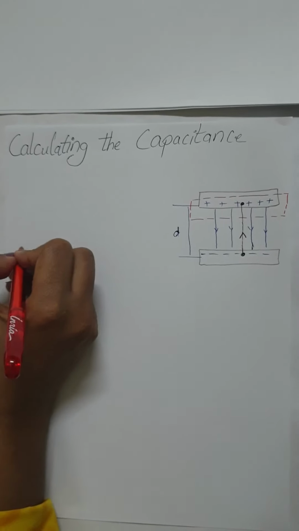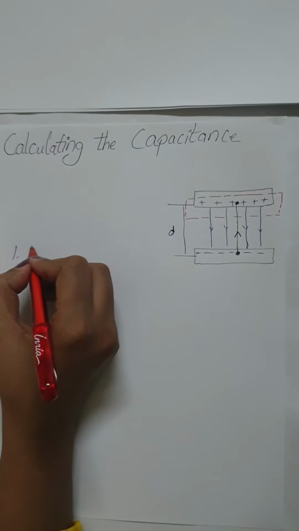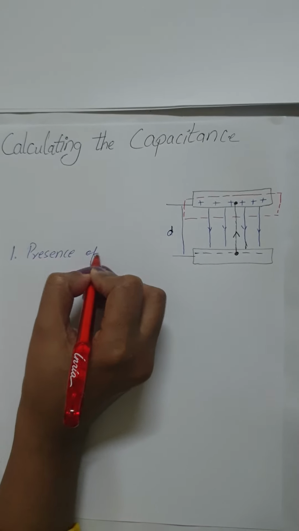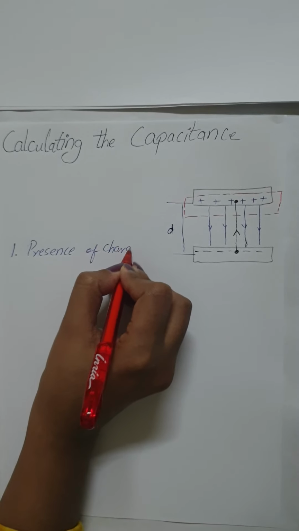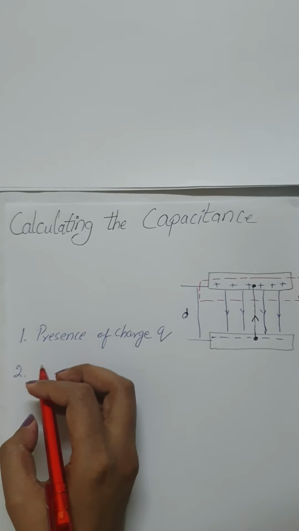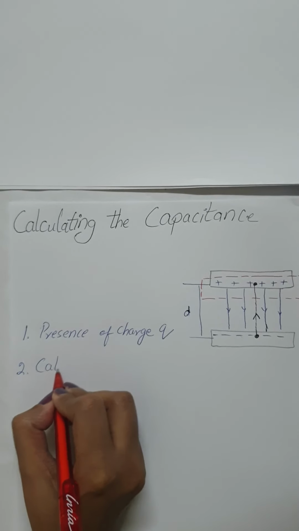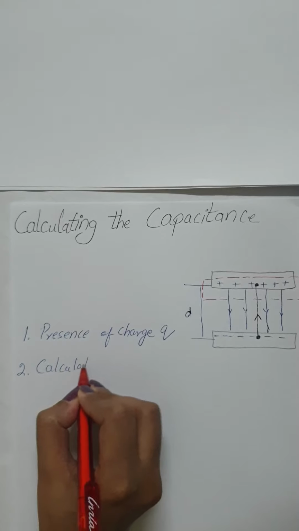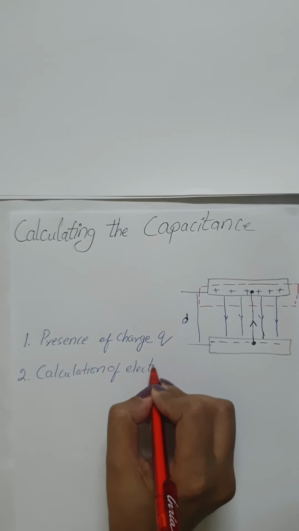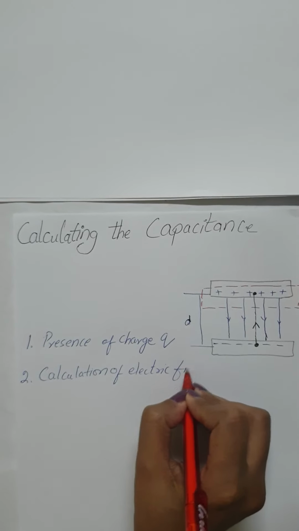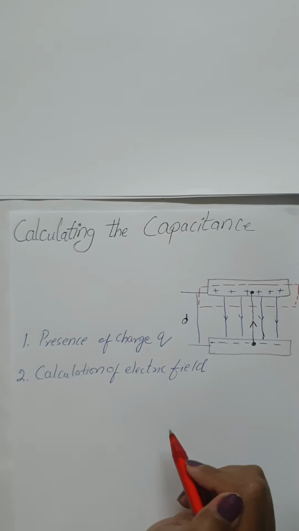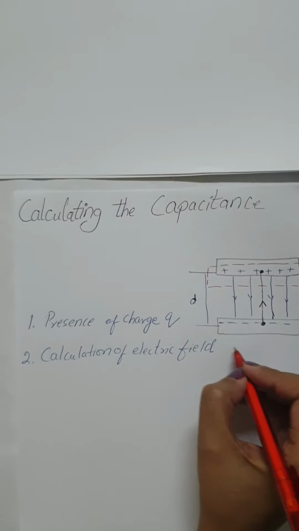So the first is presence of charge Q on the plates. Second is calculation of electric field between the plates in terms of this charge using Gauss's law.